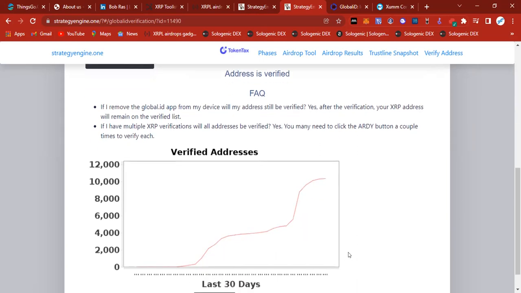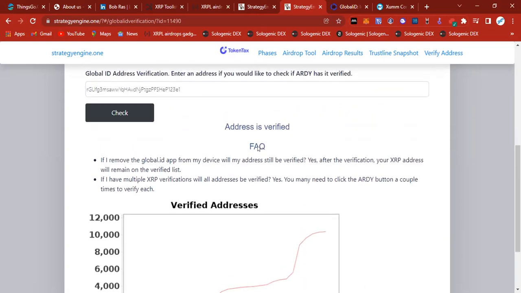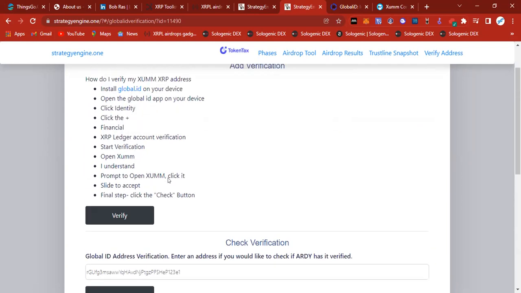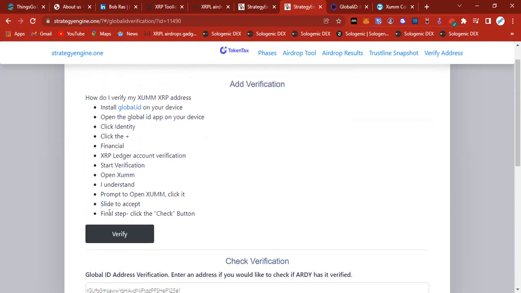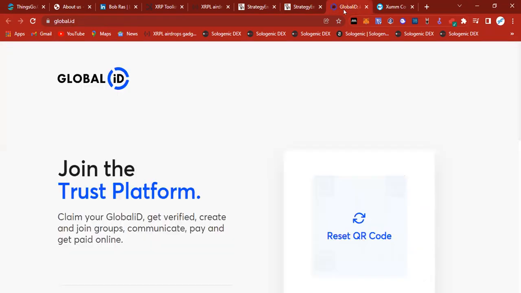I hope everybody is able to play this back and correctly go through all of these steps, then click verify, go to your Global ID wallet. In the right hand corner is going to be a button that says connect.